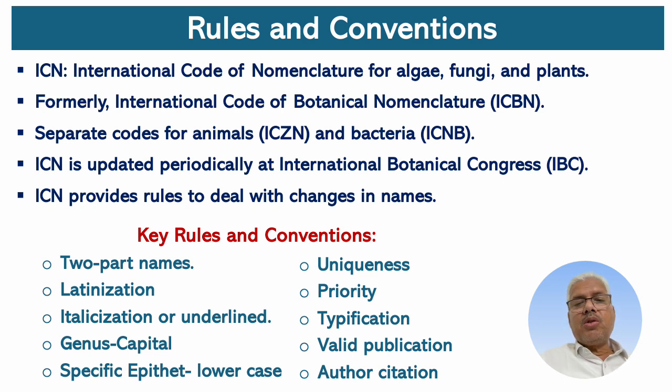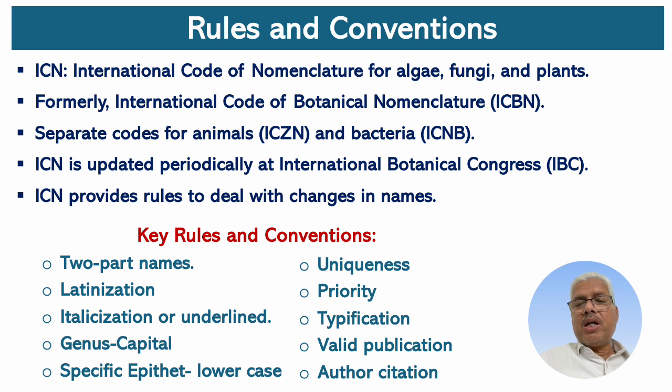Each name is linked to a physical specimen, that is the type, that serves as the permanent reference point for that species. This ensures that everyone is referring to the same entity when using the name. A name must be effectively and validly published in a recognized scientific publication to be considered official.